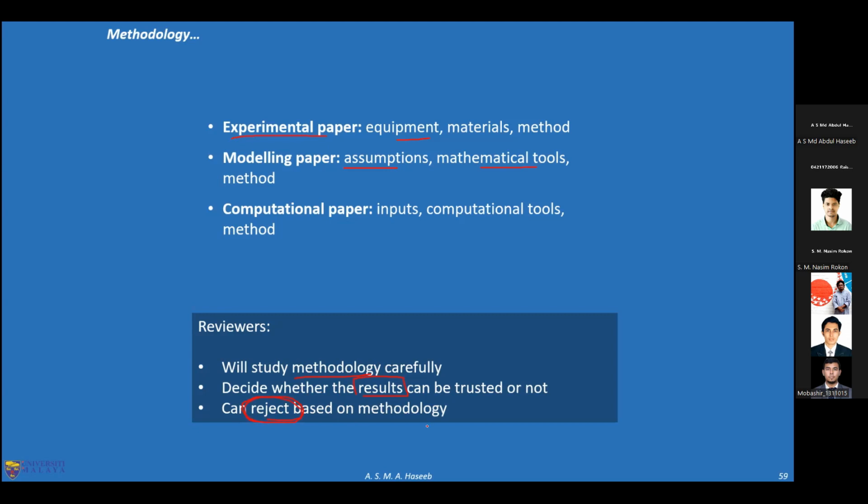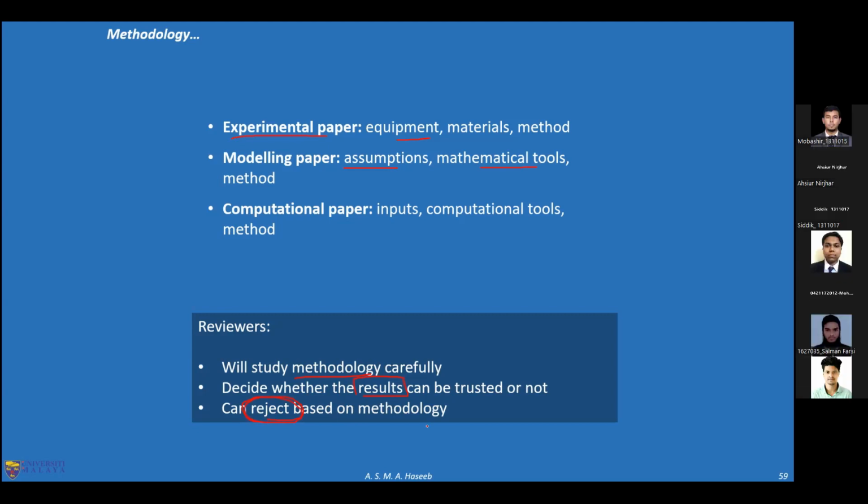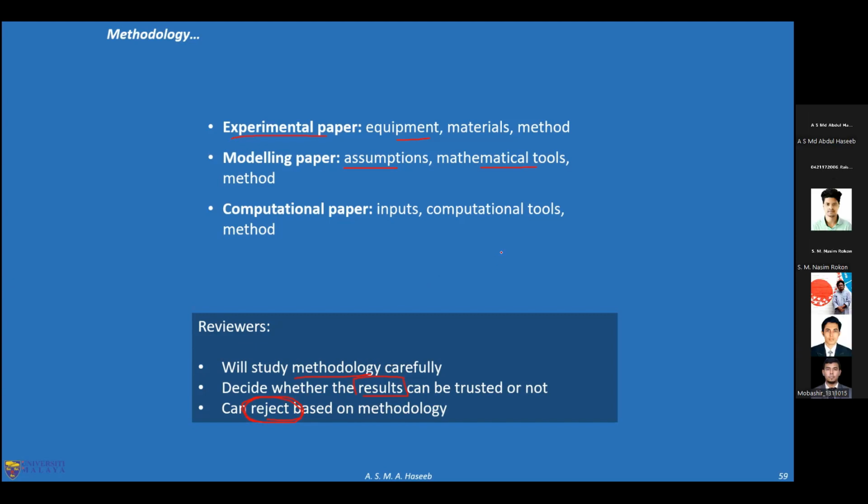For instance, I give you one example. Let's say you claim in your result an accuracy of, let's say, 0.0039. So 4 figures after the decimal, just a simple example. Now, he may choose to look at the methodology that you used, the equipment that you used.